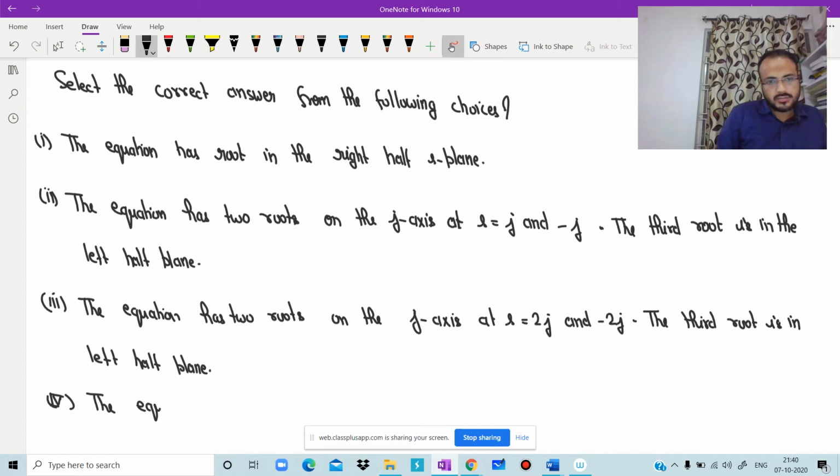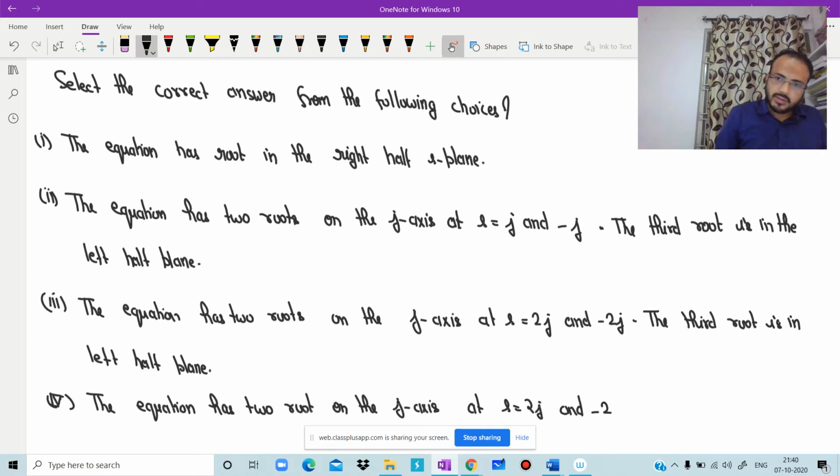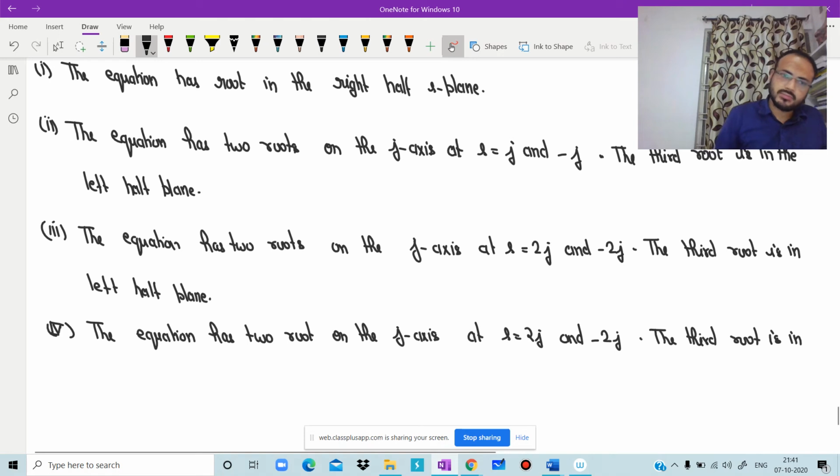Fourth one: the equation has two roots on the j-axis at s is equal to 2j and minus 2j, and the third root is in the right half plane.